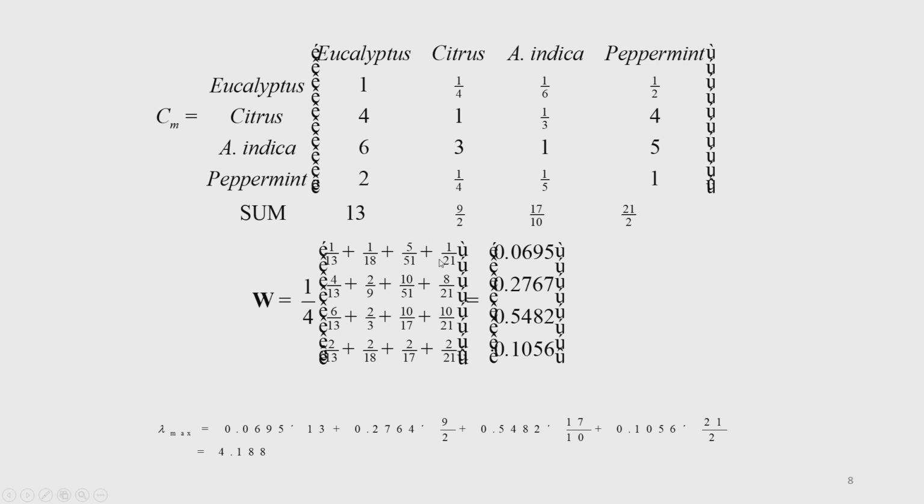But you also have to find lambda max, the maximum eigenvalue: 0.0695 into 13, plus 0.2764 into 9 by 2, and then 0.106 into 21, and so on, and then you get 4.11.